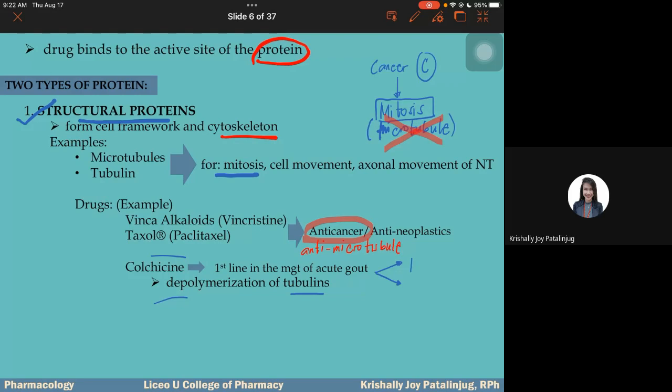One is the level of uric acid in the blood is too high. So there is a high level of uric acid in the blood. That's one manifestation. The other one is the pain felt by the patient.